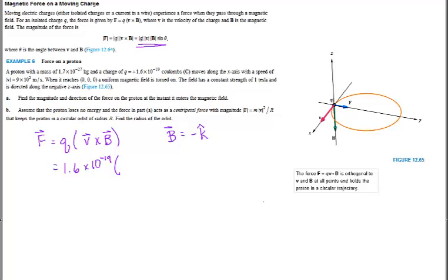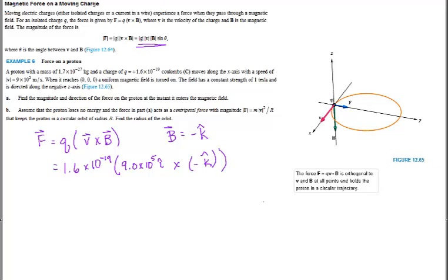I want the entire vector, so I'm just going to look at it as vector, where's V? V is 9.0 times 10, well, it wasn't a 0, but I wrote it in anyway, and that happens to be in that i direction. And then I'm going to cross it with the negative k vector.